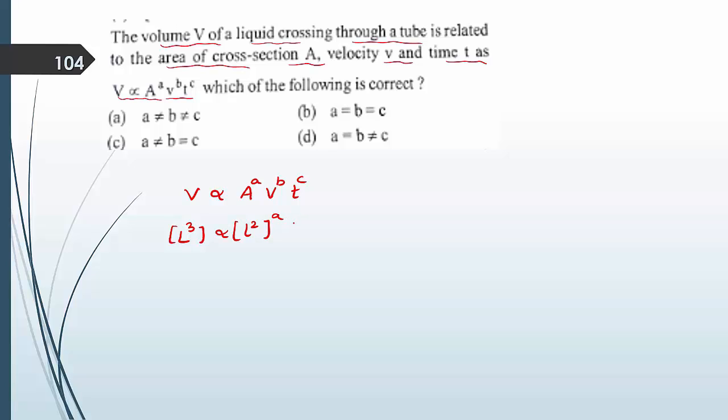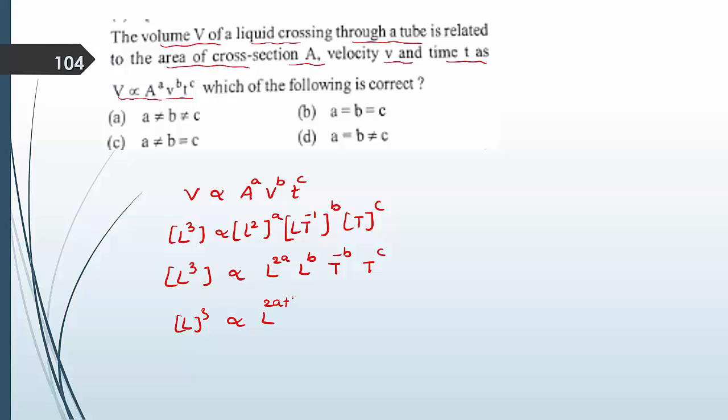Then v indicates velocity, L T raised to minus 1, raised to b, and time is T raised to c. Or we can write L cube is proportional to L raised to 2a, L raised to b, T raised to minus b, T raised to c. Or we can write L raised to 3 is proportional to L raised to 2a plus b, T raised to minus b plus c.